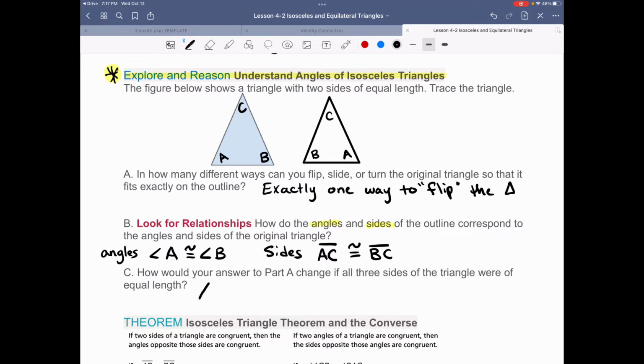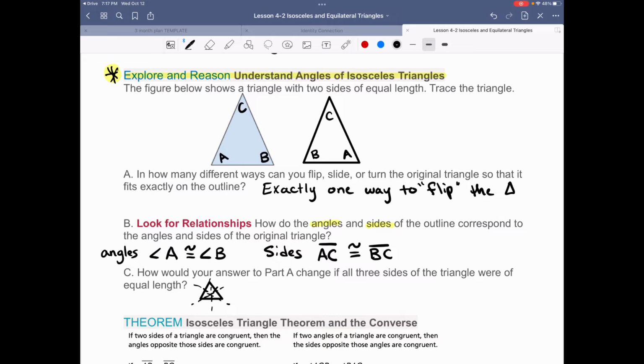So that means we would have a triangle like this. Oh, well, that's not perfect, but all three sides are equal, and so you could flip it, probably flip it on that side, and that side.